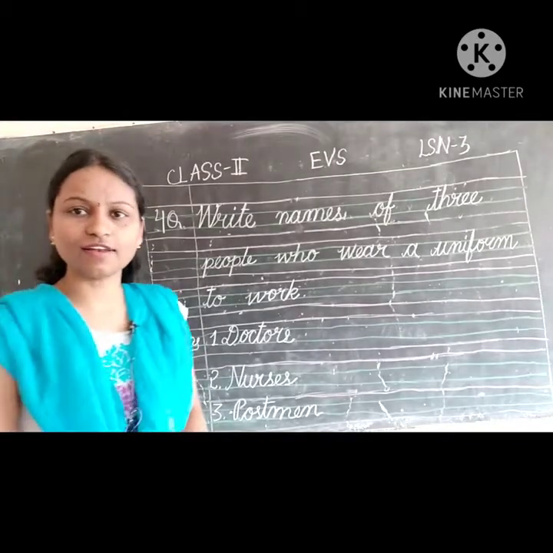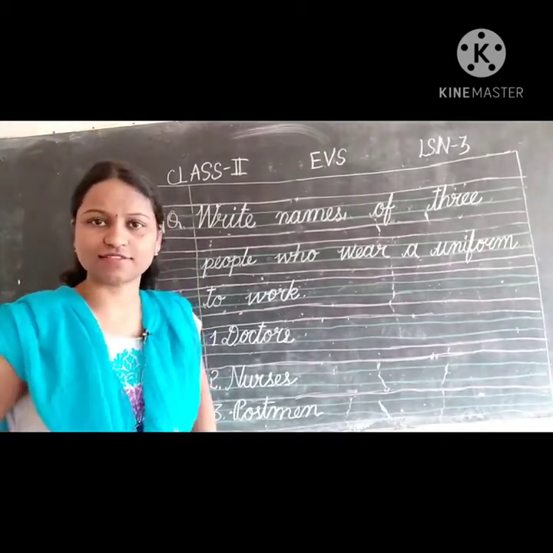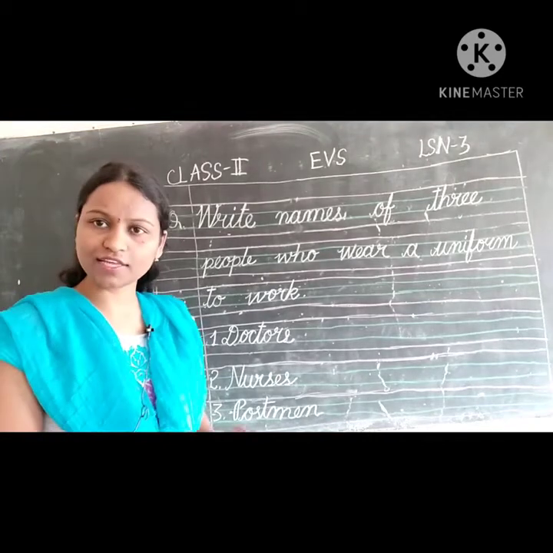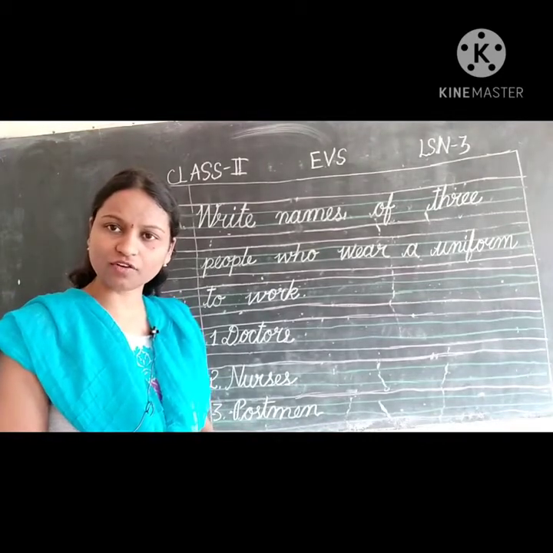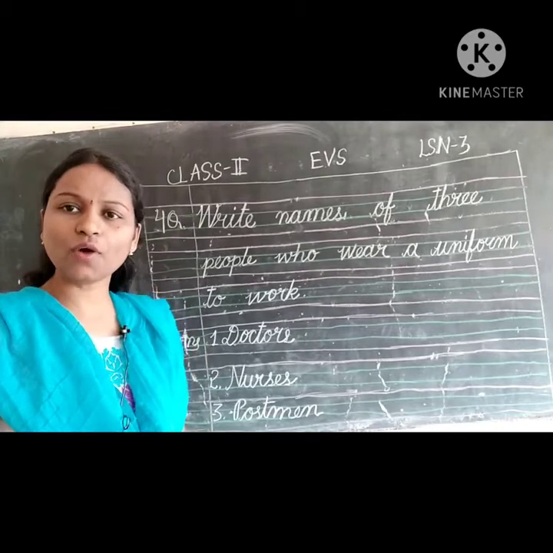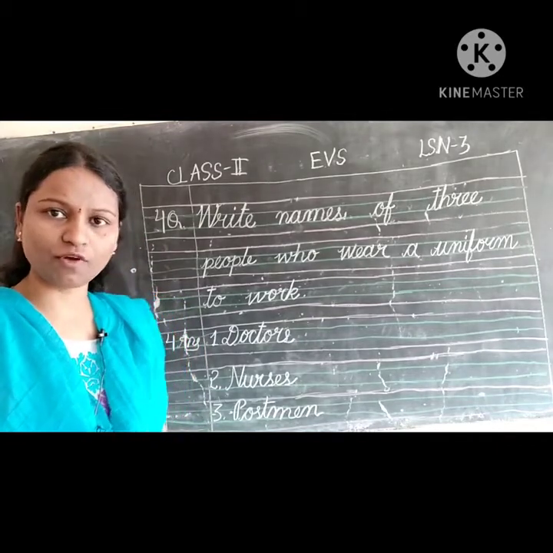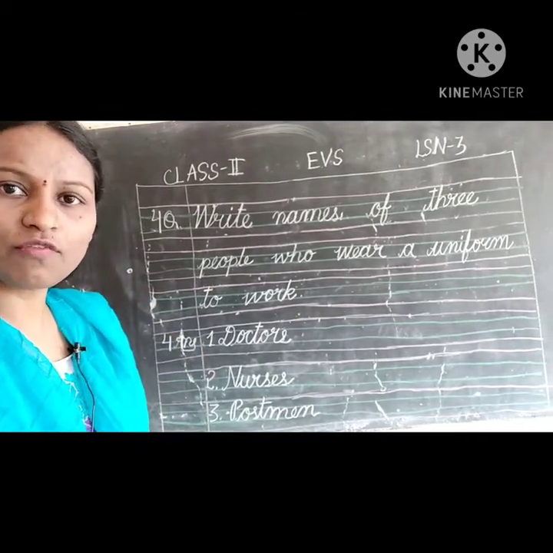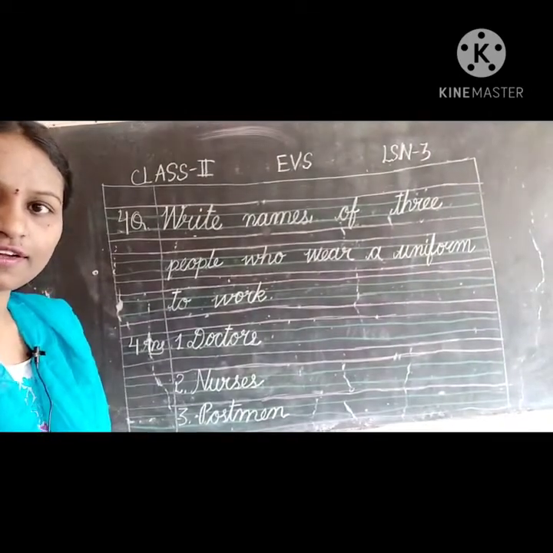Okay children, let's see the next question and answer. Okay. After leaving line for the third answer, you have to write the next question from your textbook. Okay children? What will be the next question children? Here.